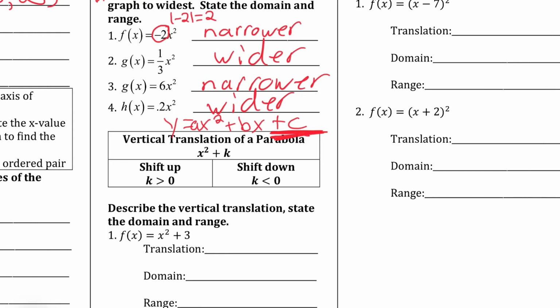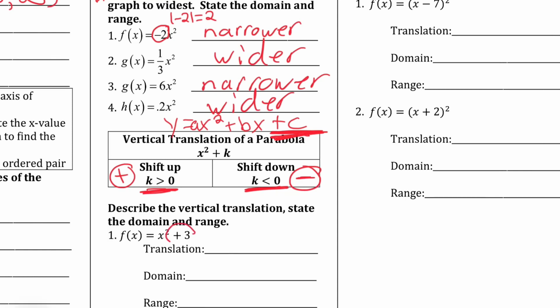It is either going to shift us up, or shift us down. So if k or c is positive, meaning it is greater than 0, then we're going to go up. If our k or our c is negative, we're going to be going down.